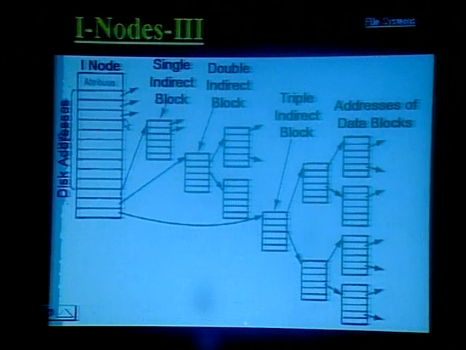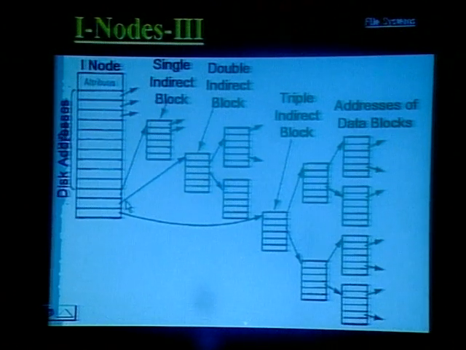And apart from that, the 3 additional pointers which we mentioned, pointer 1, pointer 2, pointer 3, provide us single, double or triple indirect blocks. One pointer goes here, and from here we have again 12 pointers to the direct disk blocks.